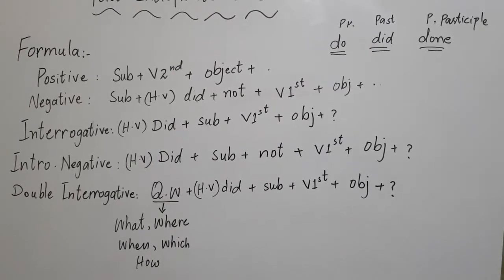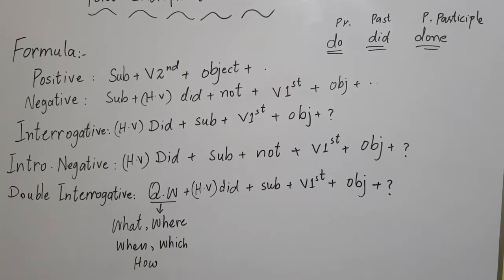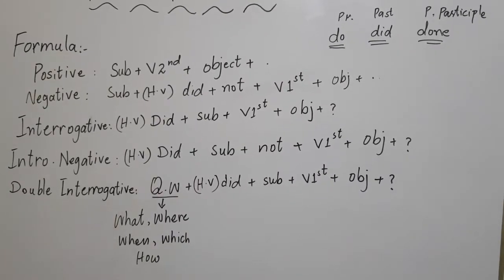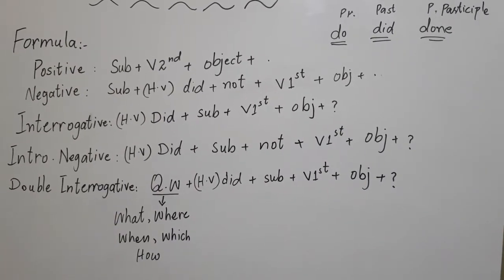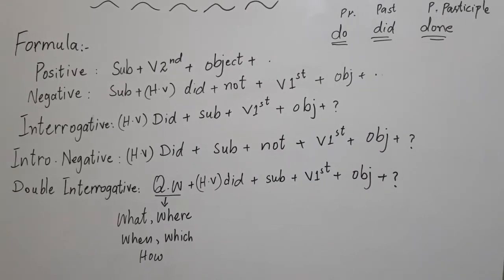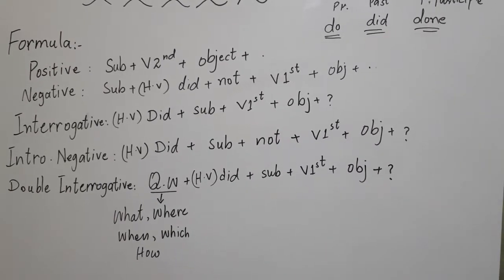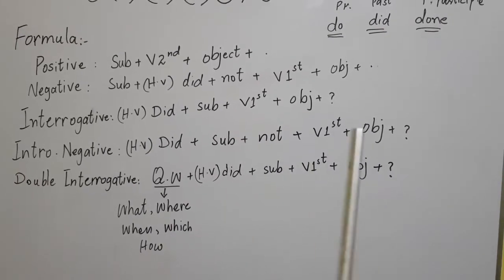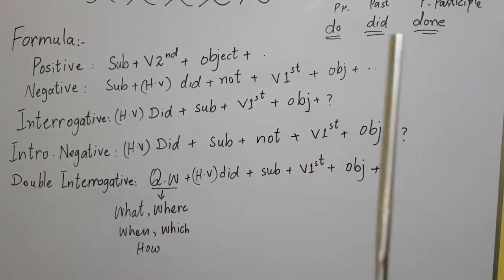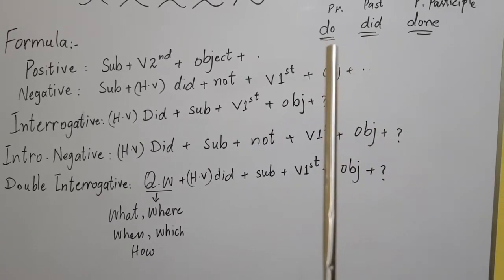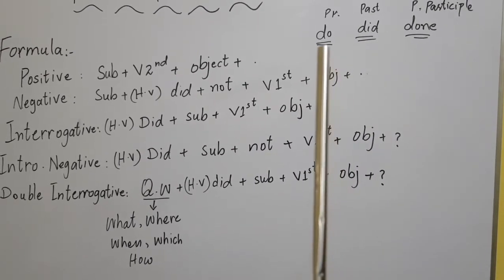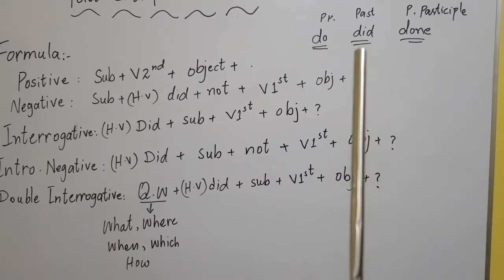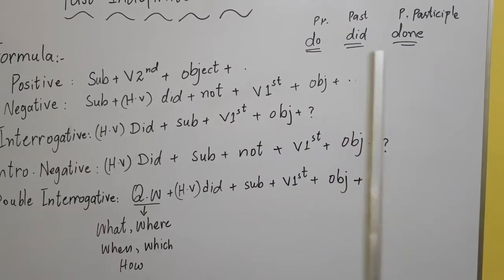So remember that in past indefinite tense we use second form of the verb, and in negative sentences we use helping verb did, and with did we will use first form of the verb, because do, that is the helping verb that we are using in this tense, is the present, its past is did and past participle is done.